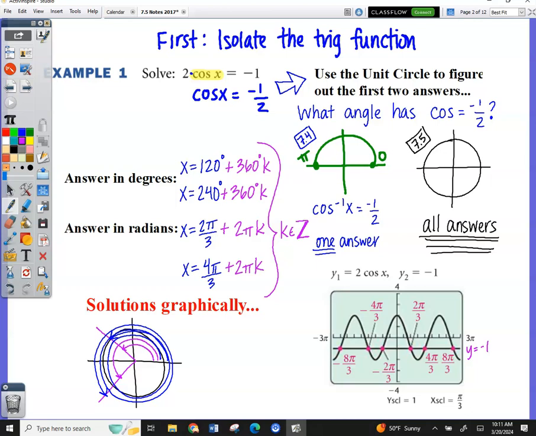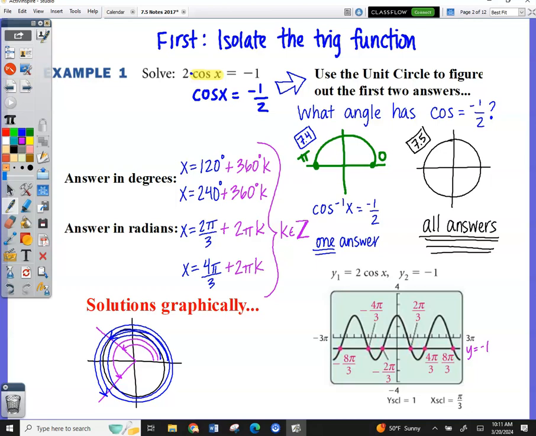You see every time it's crossing, and those keep going, so it's going to just keep crossing. So this is what it looks like graphically. So that's it in a nutshell.